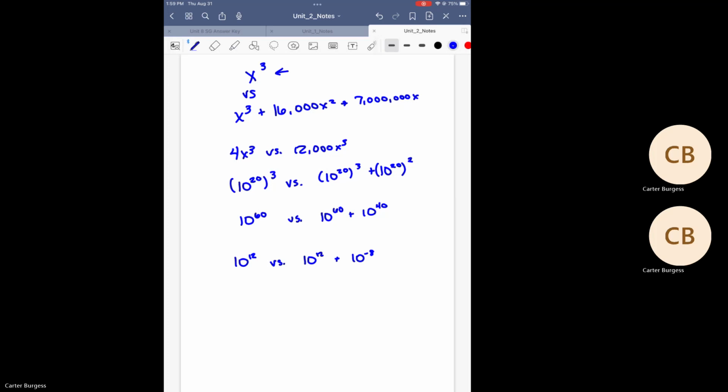And that difference is huge. This is like the difference between a trillion versus a trillion plus 1 over 100 million. Is there truly a significant difference between these two values?